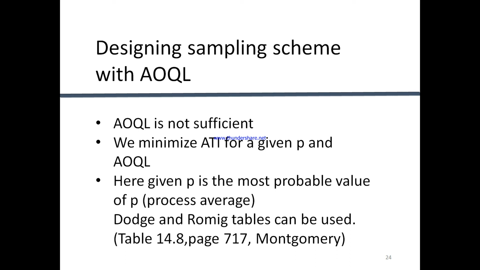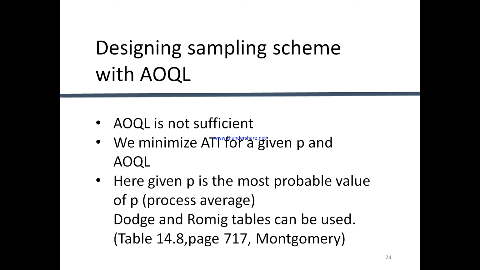So what we do is, all the time when it comes to a process, we have to try to minimize the ATI value, that is the average total inspection. That is, all the time we have to minimize the number of items that we have to inspect, right?